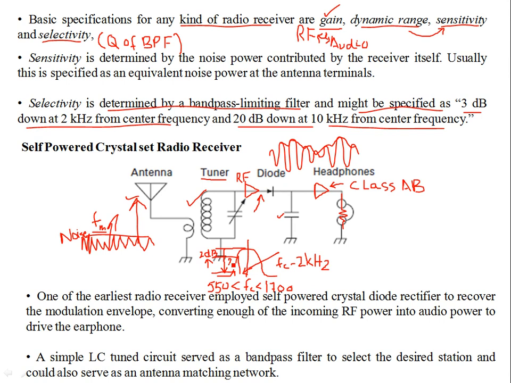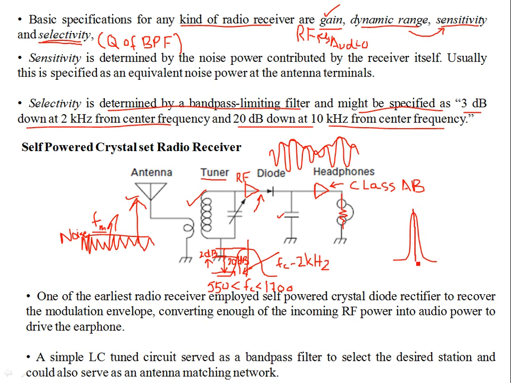So if you have a high Q or a narrow band pass filter, the shape of the response of the band pass filter determines the selectivity parameter of the radio receiver. If it is high Q, it's like this, so it's very selective at the center frequency.